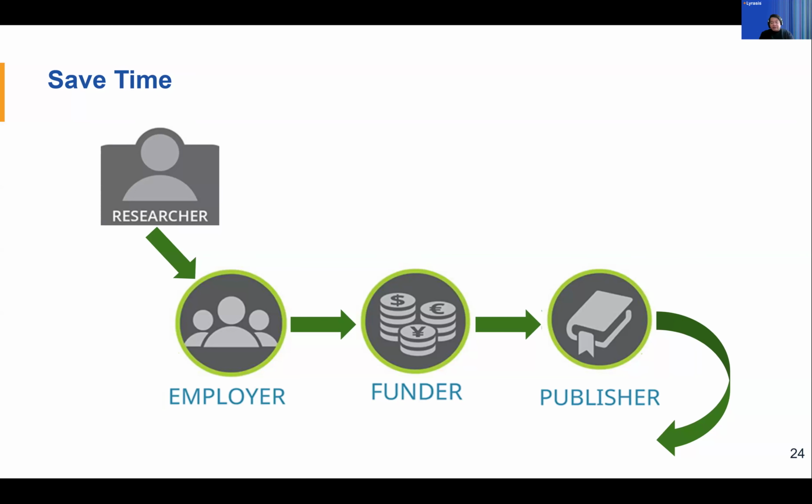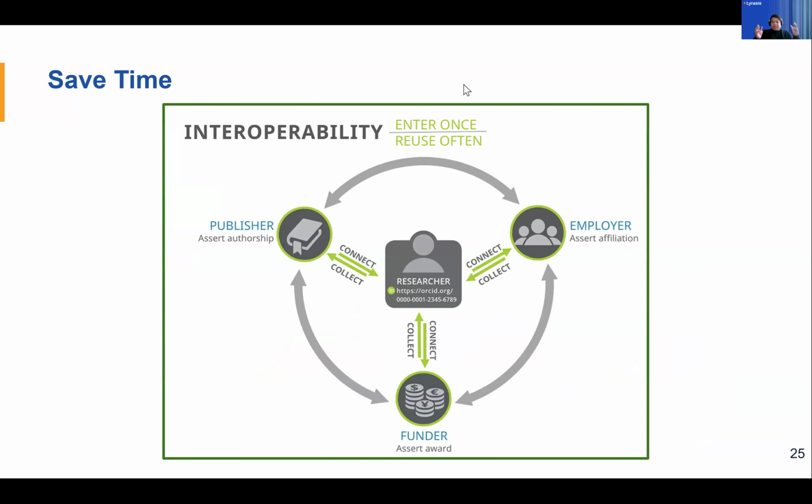And all of these areas are able to make connections with ORCID. We always like to think that it's really about saving time, partly because you are entering the information once in your ORCID record, and then different systems connect to it. Your employer has a system, your funder has a system that connects with ORCID, and your publishers have a system that connects to ORCID.